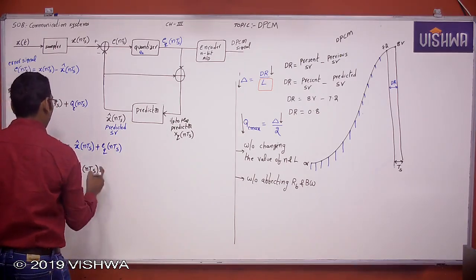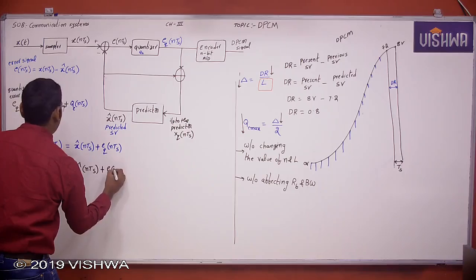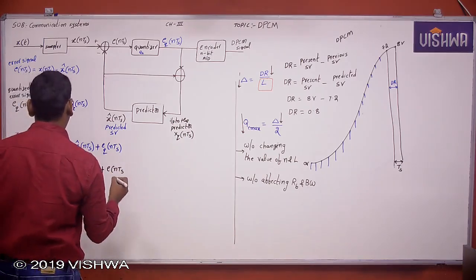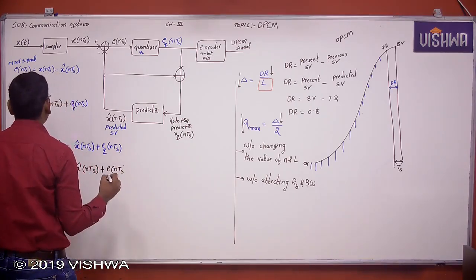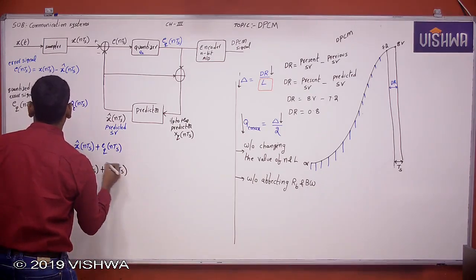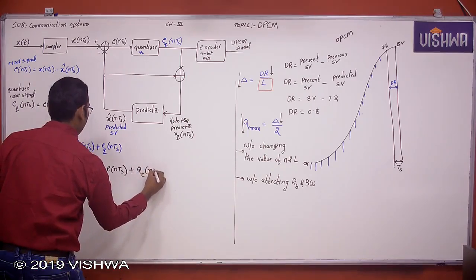Now what is eq of nTs? eq of nTs is nothing but e of nTs plus qe of nTs.